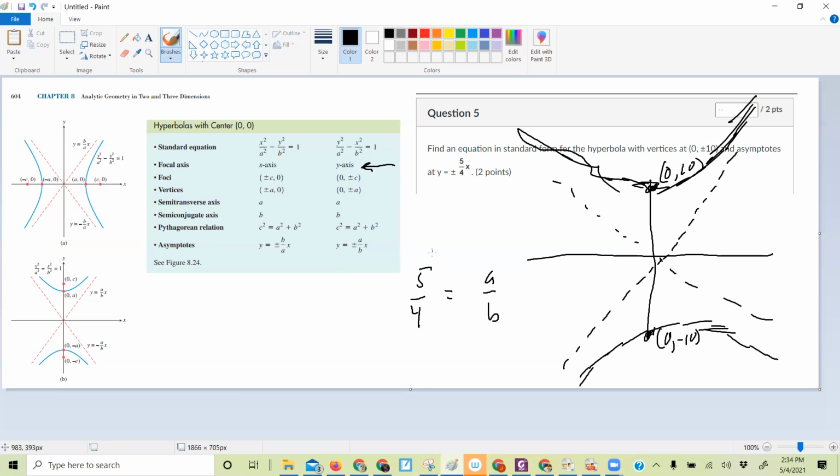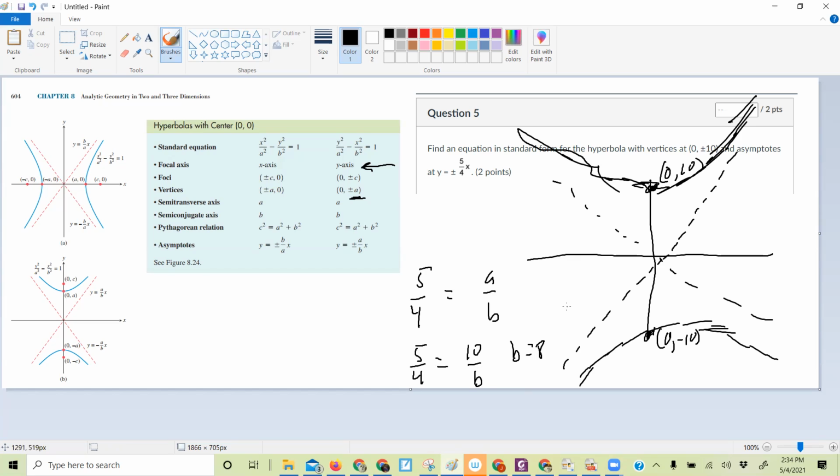And since they're telling me that the vertex is also 10, and I know that a is the vertex, right? So I know this is going to be 5/4 equals 10/b. So to find b, well, now it's just a proportion. What's that? 40 divided by 5. So b equals 8. So that's how we can find b.